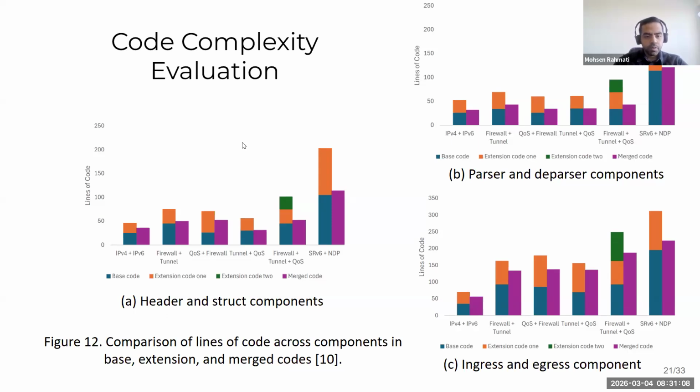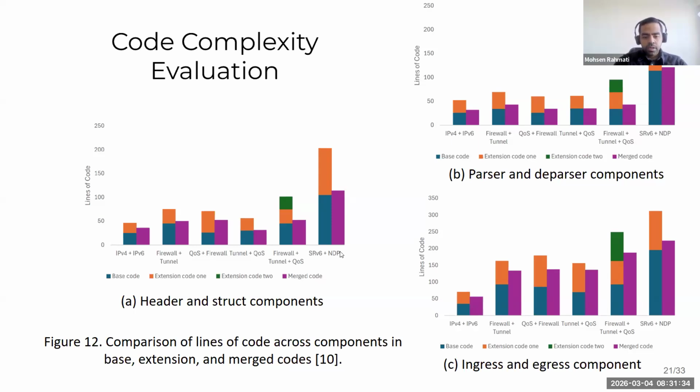For example, we also have 6 case studies: IP version 4, IP version 6, firewall, tunnel, quality of service, and firewall, tunnel and quality of service. And in case 5, we have firewall, tunnel, quality of service to show we can merge any P4 codes we want with P4Muse.